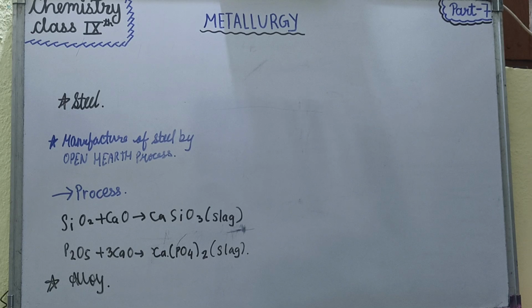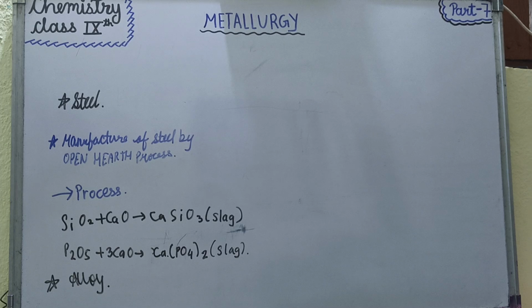Such type of mixing two or more metals or a metal and a non-metal to change the property of the major constituent to achieve a specific objective is called an alloy. The major metal of alloy is called base metal. An alloy is a homogeneous mixture of two or more metals or a metal and a non-metal.